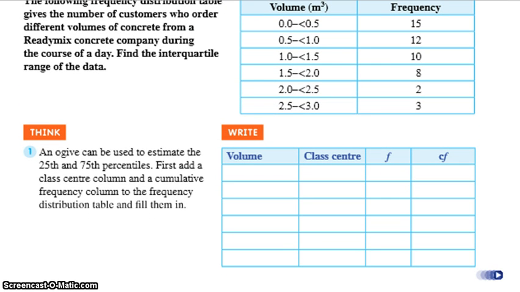I've got to put a pen on there, that'll be useful. 0 to 0.5, 0.5 to 1.0, 1.5, 2.0, 2.5. I hate the fact that OneNote doesn't believe me.